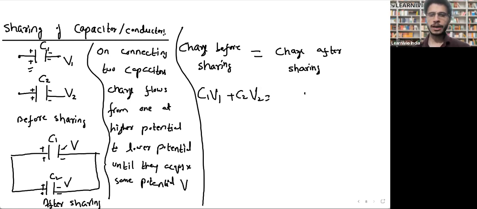And what is the charge on this capacitor after sharing? It will be C1V. And the second capacitor, C2V.